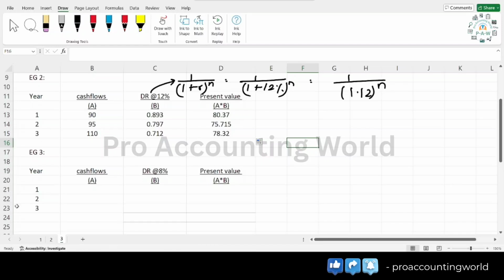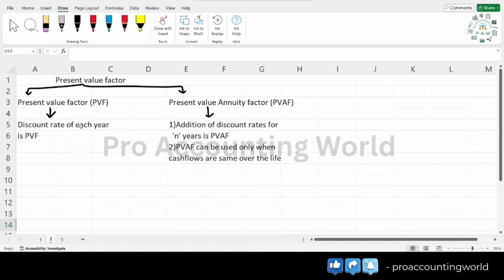Now, guys, these present value factors are classified into two. Present value factor, PVF, and present value annuity factor, PVAF. Now, what is the difference between the two? Guys, when the discount rate of each year is considered, the discount rate of each year is called PVF.